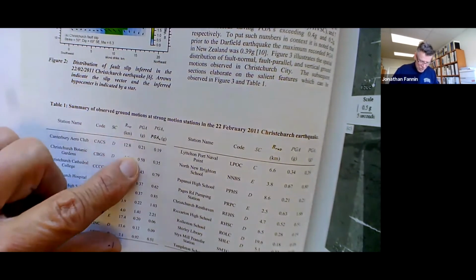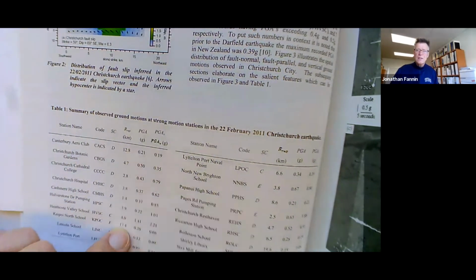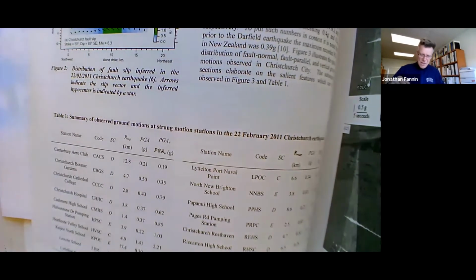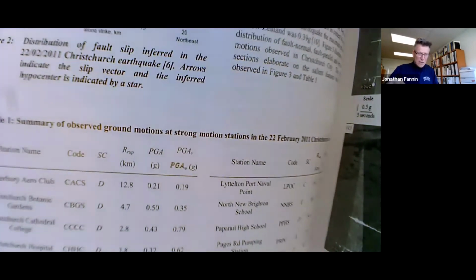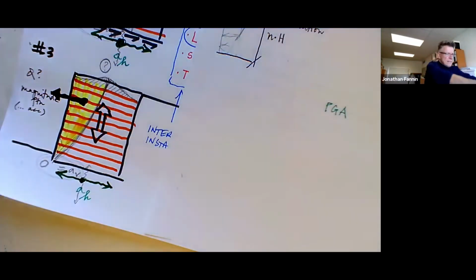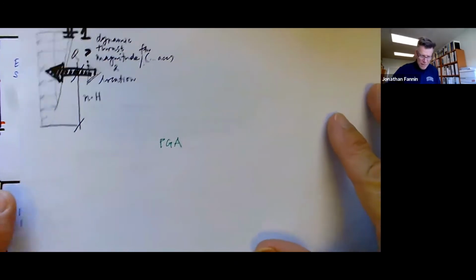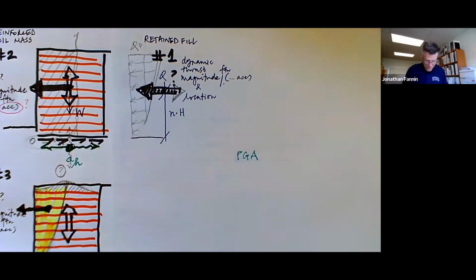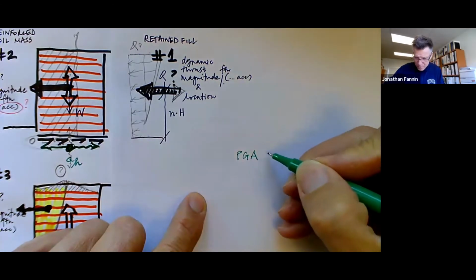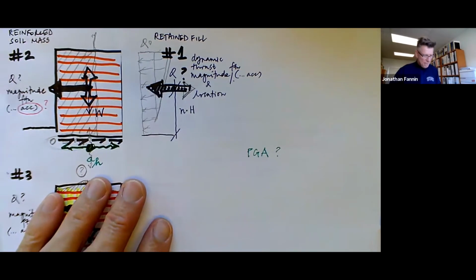So spatially within the city, even within the city center region, there are significant variations in peak ground acceleration. So the point I wanted to get across is that establishing the value of this peak ground acceleration is going to introduce some uncertainty.